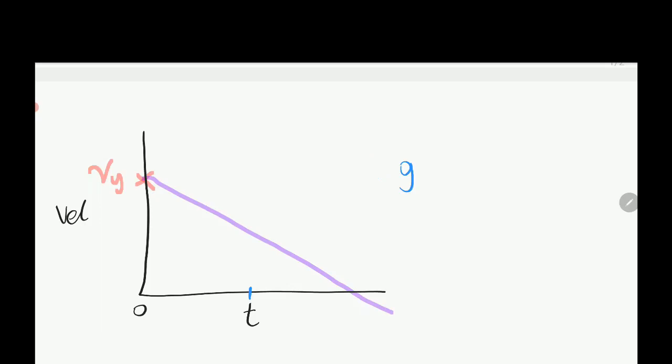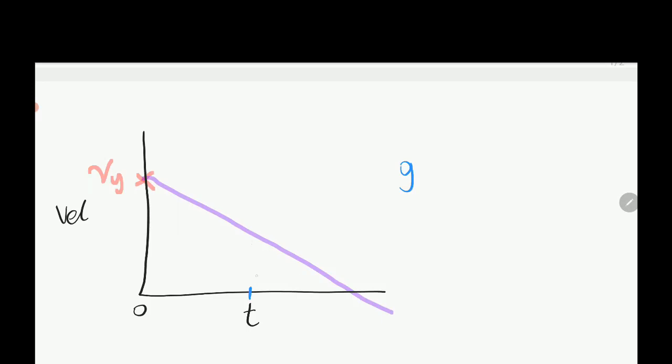The rate of acceleration due to gravity that an object has when falling to Earth, assuming a vacuum and so on. And so basically this means that we're assuming that this line that I've drawn here, which is showing a constantly decreasing velocity, has a gradient of g.